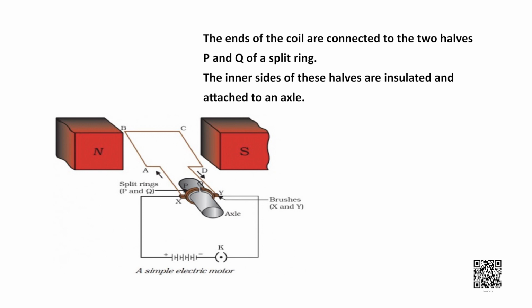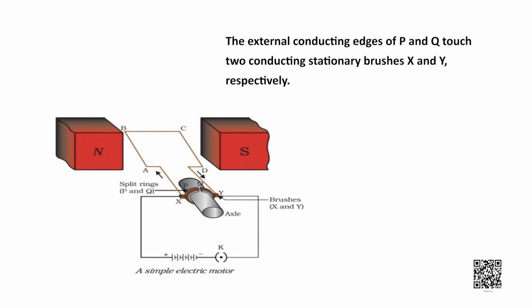The ends of the coil are connected to the two halves P and Q of a split ring. The inner sides of these halves are insulated and are attached to an axle. The external conducting edges of P and Q touch two stationary brushes, X and Y, which are conducting in nature.